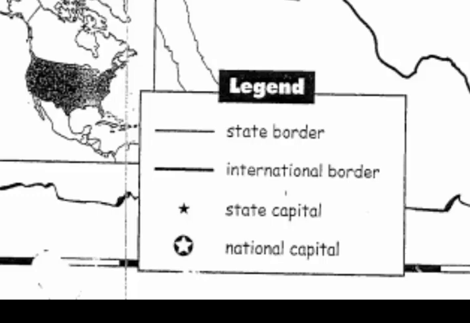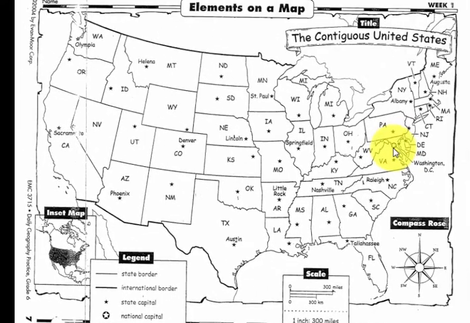Now, when we look at a map like this of the United States, we know where the United States is in comparison to the rest of the world, so it's pretty easy for us to figure out this map. But sometimes you don't know exactly the location of what you're talking about. If I were to show you a map of, say, Saudi Arabia right now, you may not know exactly what's around it.